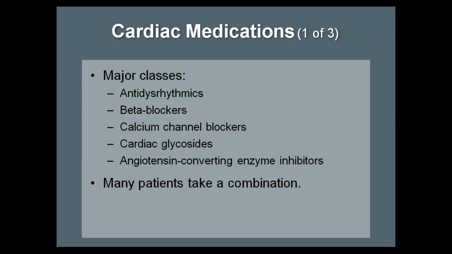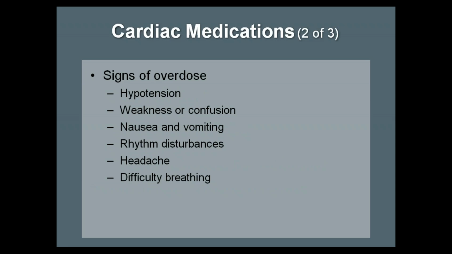Cardiac medications include antidysrhythmics, beta blockers, calcium channel blockers, cardiac glycosides, and angiotensin converting enzyme inhibitors, and many patients take several of these in different combinations. Like we were talking about earlier, even these drugs can be considered poisonous if taken in the wrong dose.